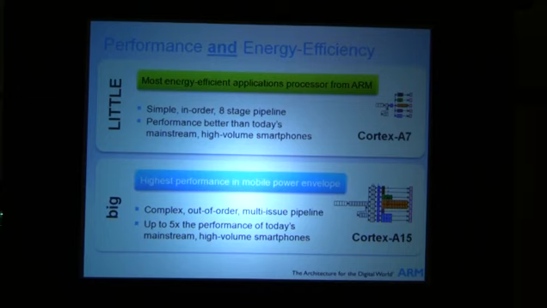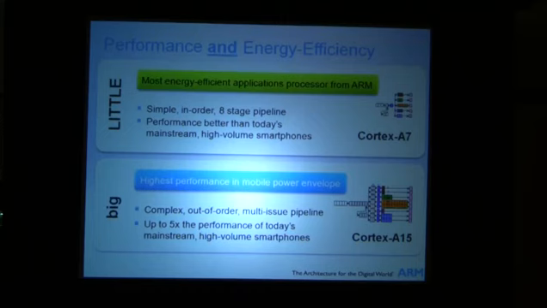So this is just to illustrate a little bit more about the performance and energy. If you take a look at the illustrations of the pipelines for an A7 versus an A15, a number of boxes relate in many respects to the number of gates, the amount of leakage that you're going to get. So we've got a situation with the A7. It's a simple in-order 8-stage pipeline.